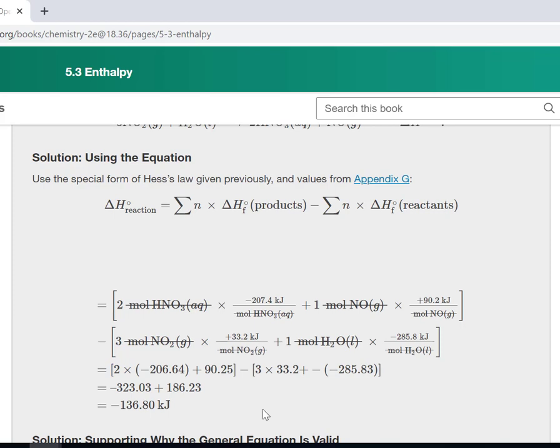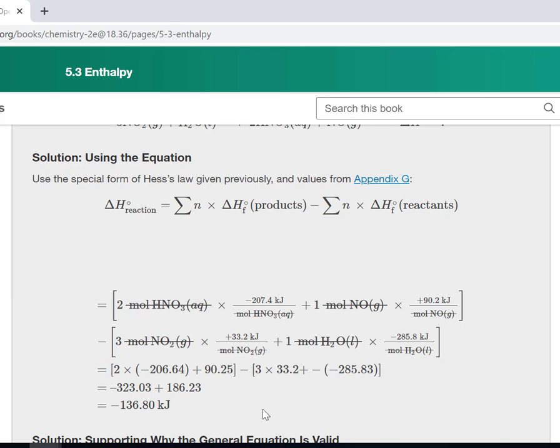So this is the process. This is what we do with Hess's law, and it is the culmination of this chapter: being able to look these values up in a table and then put them into this form to find the heat of reaction for the entire thing.